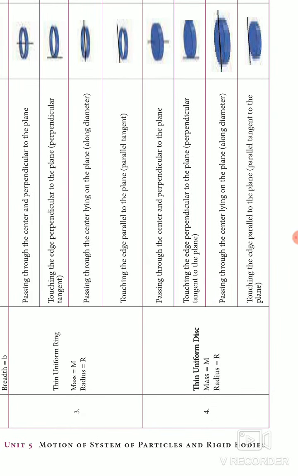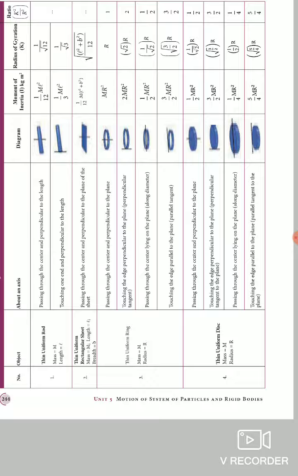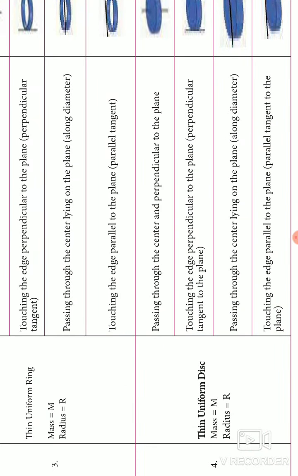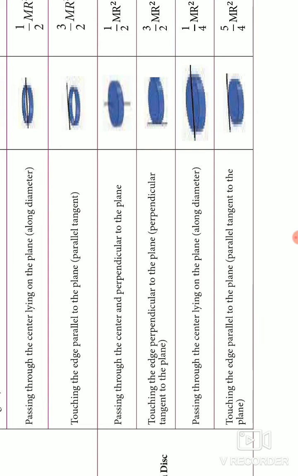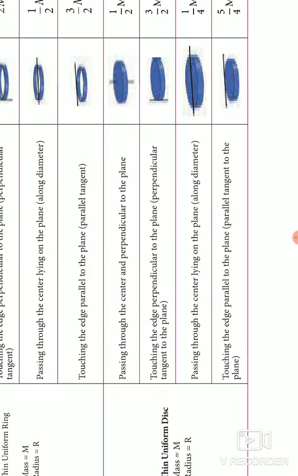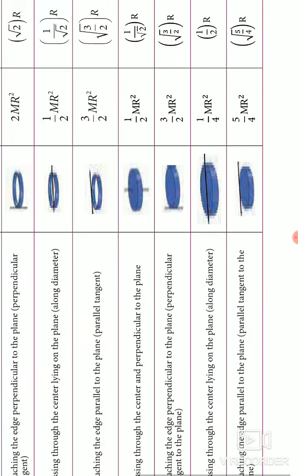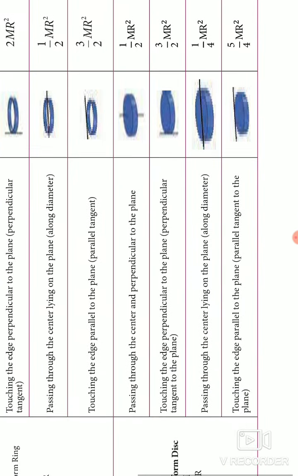And then a uniform disc about an axis passing through the center and perpendicular to the plane: I is equal to half mr square. And a thin uniform disc touching the edge perpendicular to the plane: then I is equal to 3 by 2 mr square and k equal to root 3 by 2 into r.